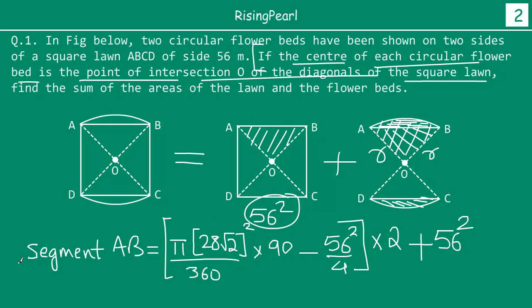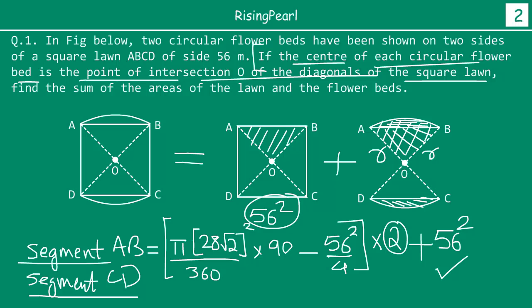So if one segment AB is this, then both segments, segment AB plus segment CD, combined will be this times 2. And then we added the area of the entire square to this. So this is going to be the required answer. So friends, I am not going to be doing the actual computation for you, but from here, just by solving this you are going to get the right answer.